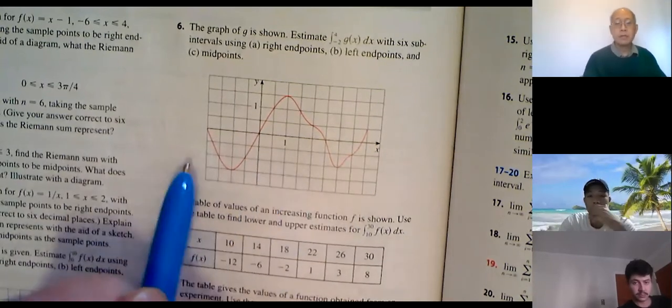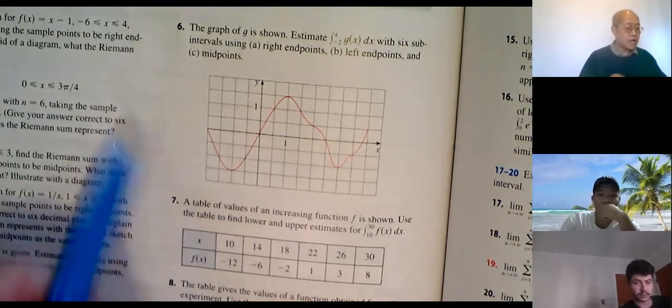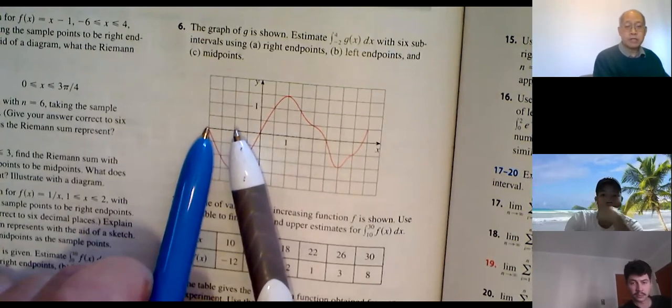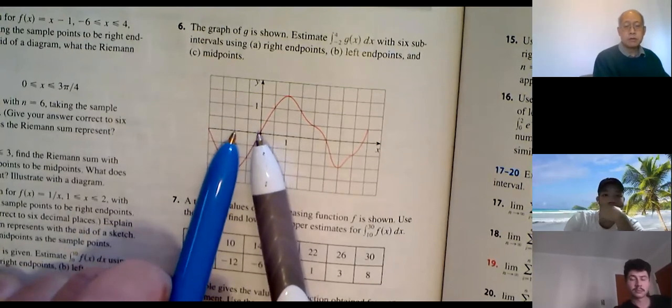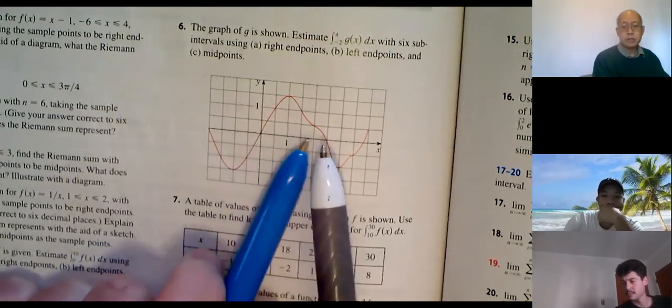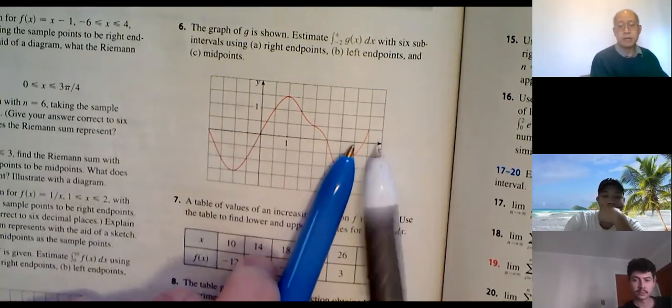Okay, L6. I do the 6 left endpoints. Okay, so the left endpoint here is -2. For this interval, it's -1, 0, 1, 2. And the last interval, which goes from 3 to 4, I pick 3.